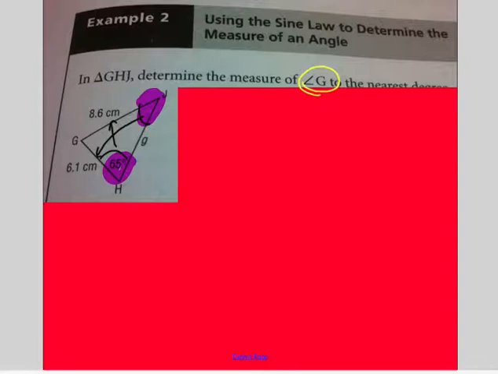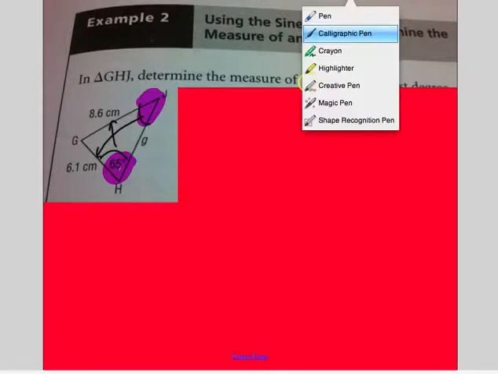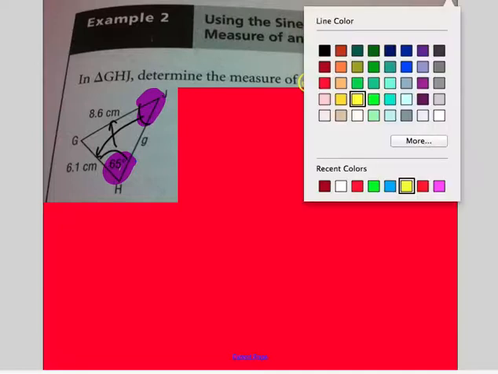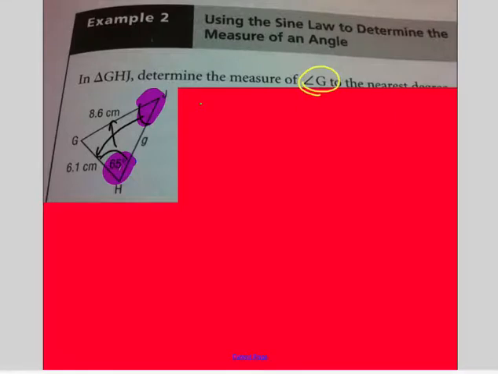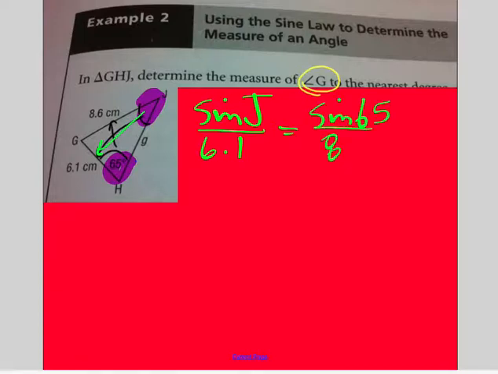So let's work this out. Let's use a fancier color, just something to pop your eyes out. We're going to go sine of j over 6.1, and that's that information, equals the sine of 65 over 8.6. And there's a fraction that's filled in, and that's that information.